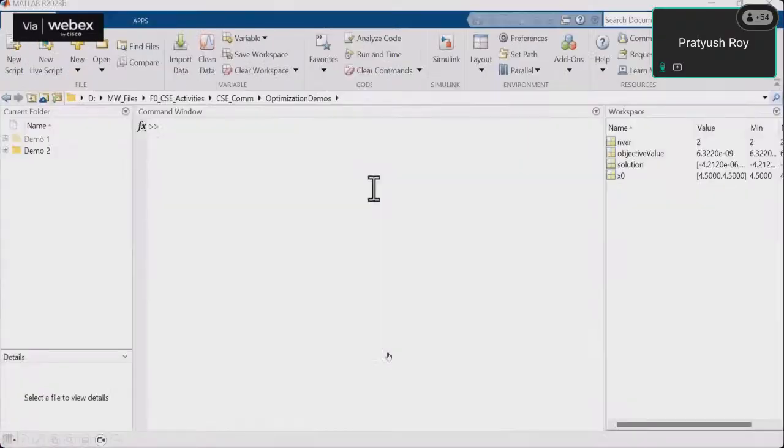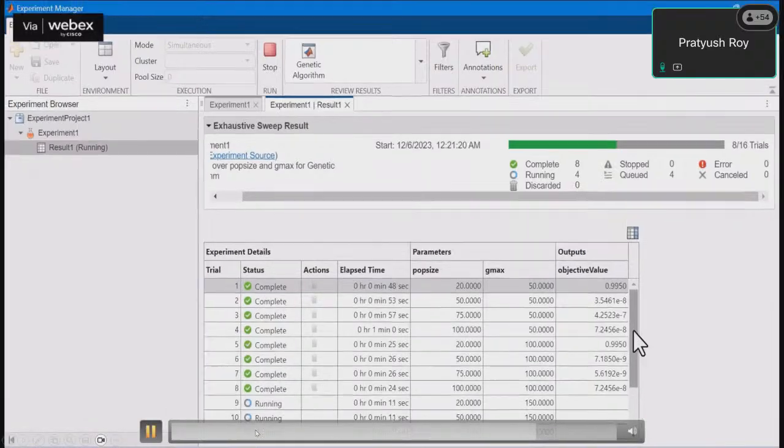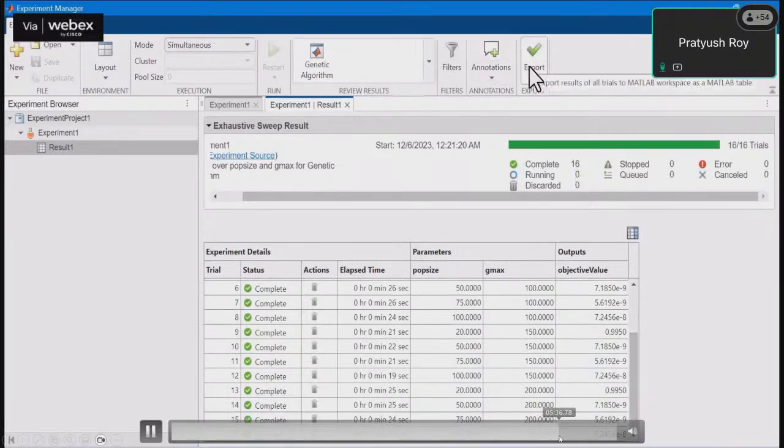So I think I got you here. So based on that, they will be completed. So if sequence doesn't matter for you, I would say go for simultaneous.